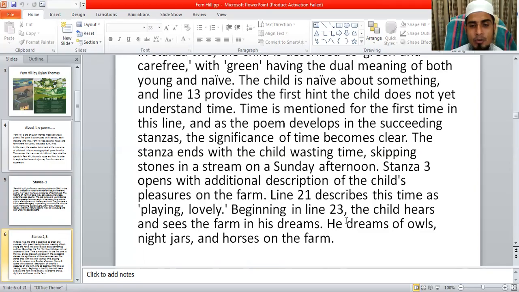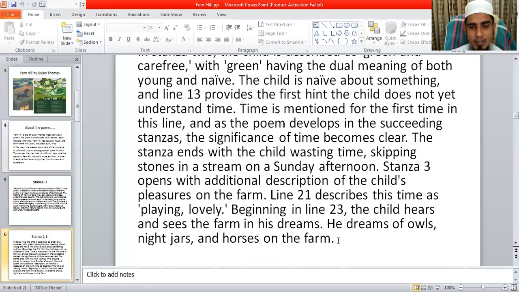Beginning in line 23, the child hears the sounds of the seas and the farm in his dreams. Here we find the dreamy world of children.